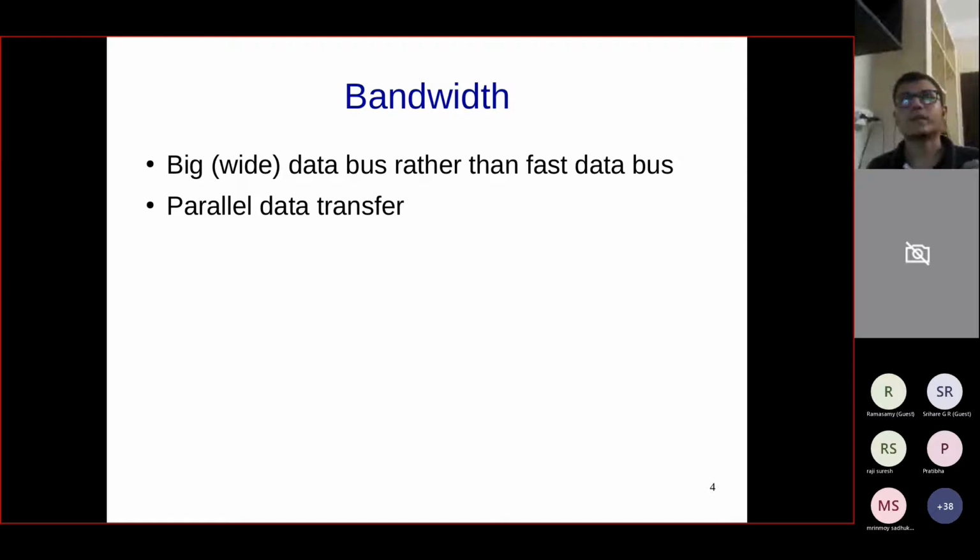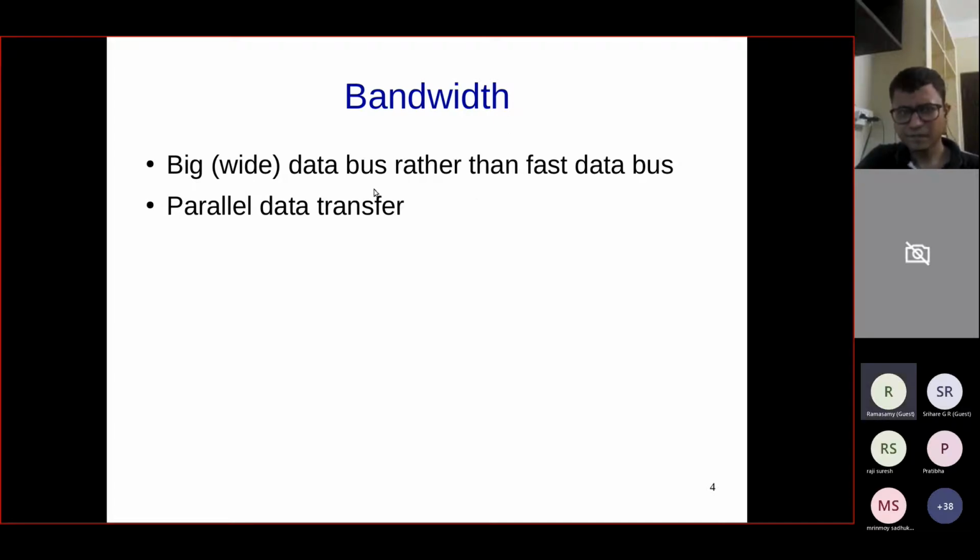But the number of people transported using a train is much larger, probably thousands or even tens of thousands. So that is what bandwidth is: the amount of data being transferred rather than the latency. That determines the bandwidth.